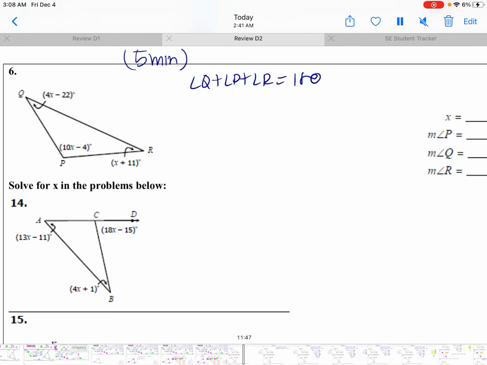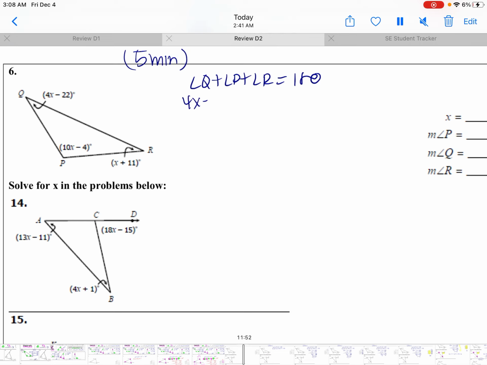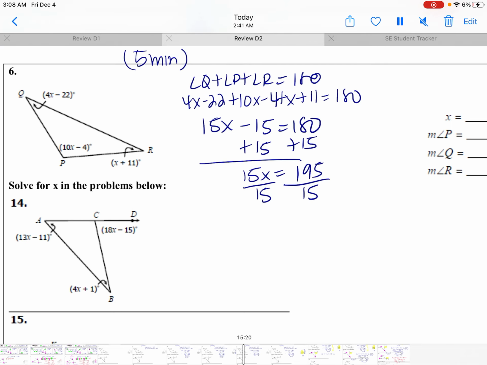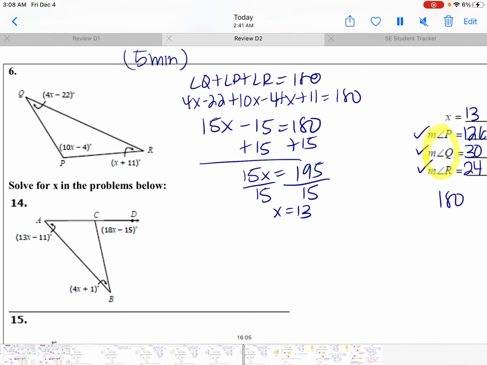All right, I hope that you had enough time to solve this problem and that you got it correctly. So I'm going to go ahead and show you my exemplar. You should have gotten x equals 13, angle P 126, angle Q 30, and angle R 24.